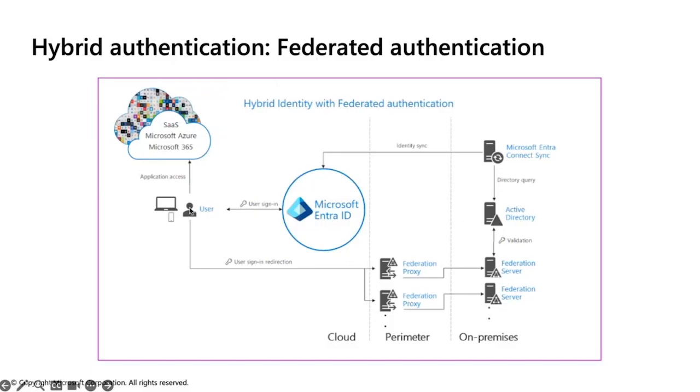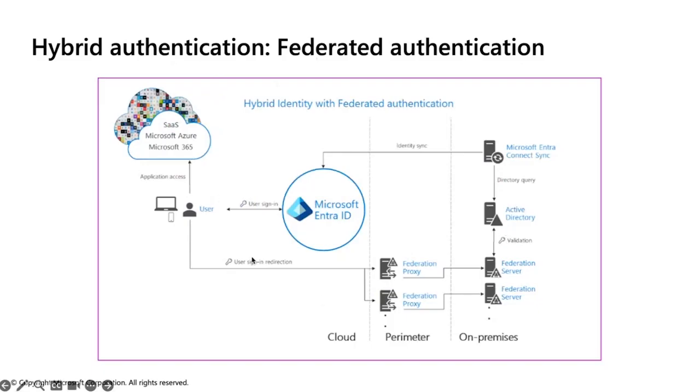Now what happens when the user is trying to access an application? Entra ID will ask for authentication here. But because the user is trying to access the application under a federated domain, Entra ID will redirect the connection to the federation server, where the user gets authenticated against your on-prem Active Directory.